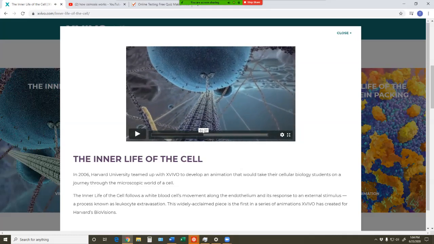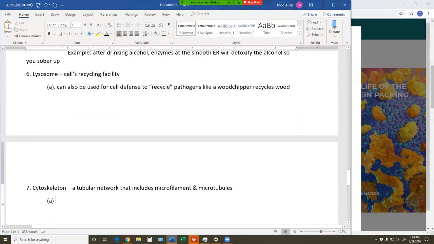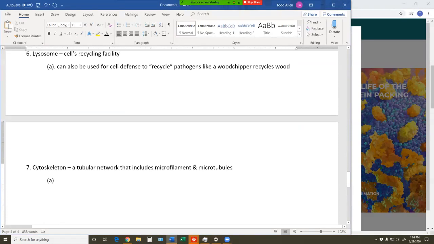Well, that tube is a piece of the cytoskeleton. What I'm trying to point out is that the cytoskeleton is sort of a network of roads in the shape of tubes, and machinery inside the cell will walk along these tubes to move cargo from point A to point B.